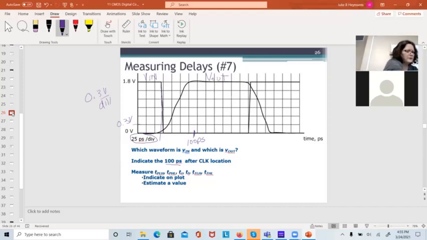If you want to see this in gory detail, there is a really beautiful picture in the slide solutions where I actually go through and make the measurements and approximate them. Again, if I ask you to do this and you're not in the lab or you have the thing in front of you and you've got cursors and you can do measurements at the very different points, it's going to be an estimate. And if you're within, you know, like 20, 30%, I usually give you credit for it.